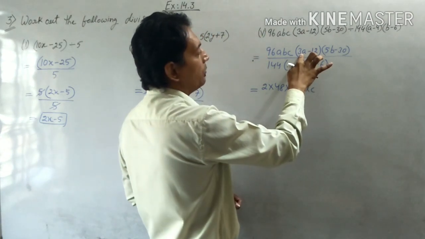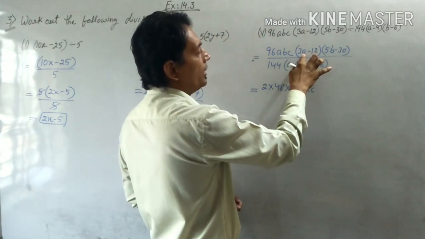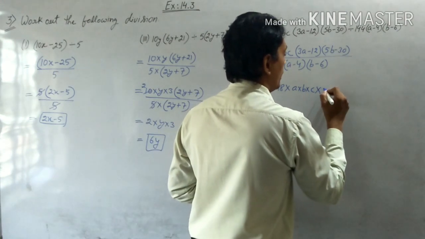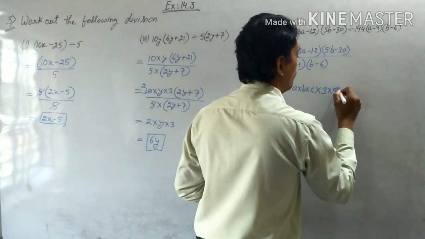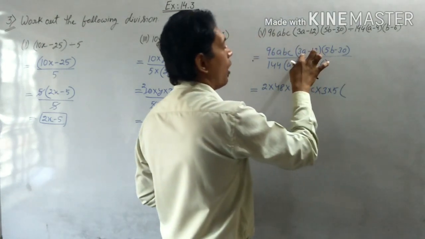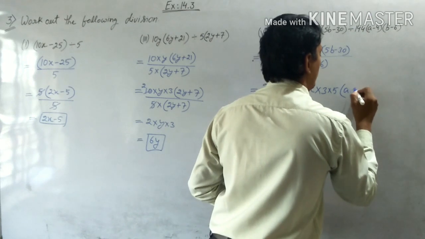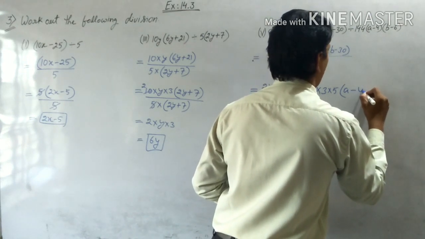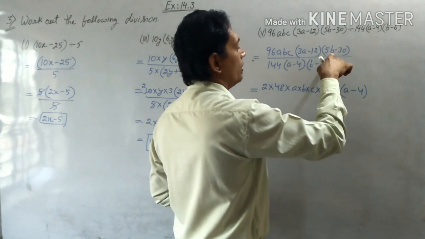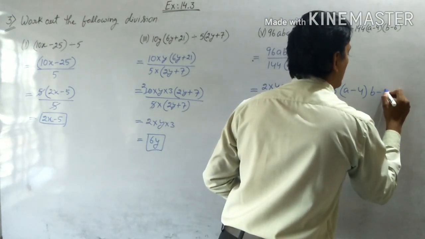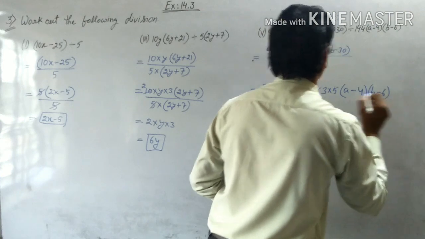And 3 can be taken common from this bracket and 5 can be taken common from this bracket. So into 3 into 5, and after taking 3 common from this bracket we are remaining with a minus 4, and from here taking 5 common we are remaining with b minus 6.